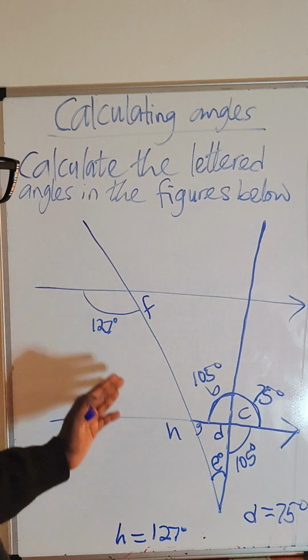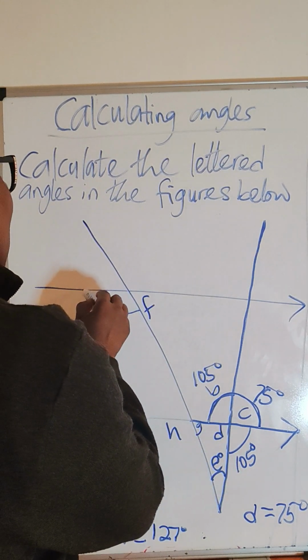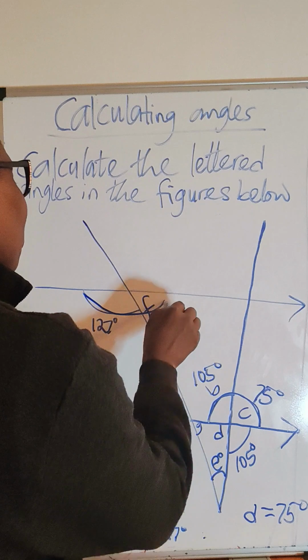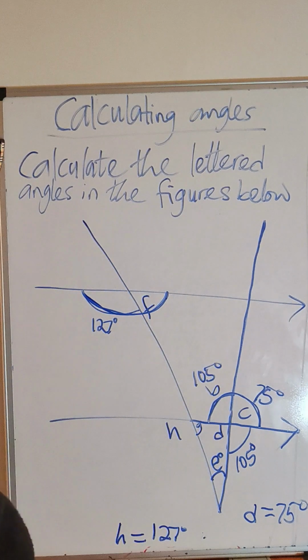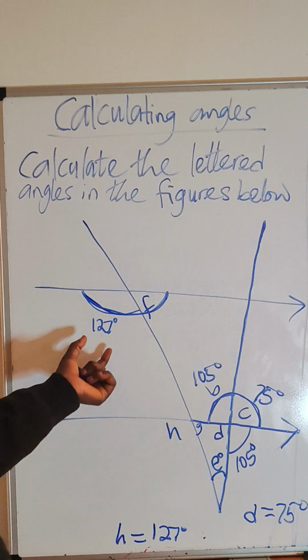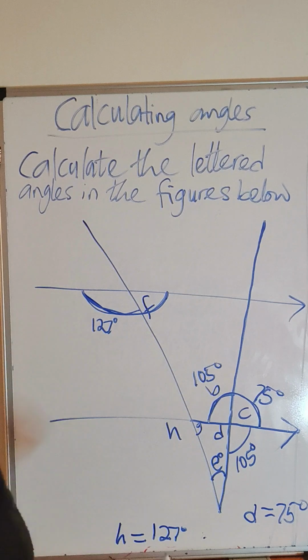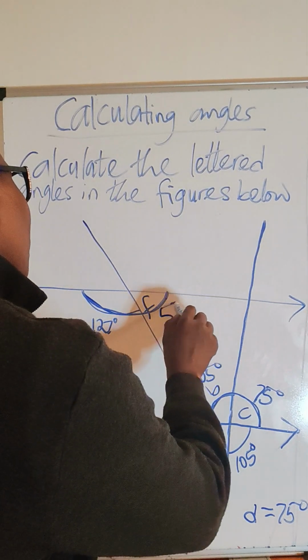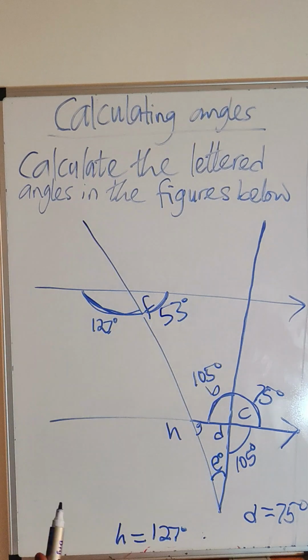Corresponding angles are equal. Again, this is a straight line angle. Therefore, straight line angles amount to 180 degrees. Subtracting 127 from 180 degrees, we'll be left with 53 degrees. So angle F is 53 degrees.